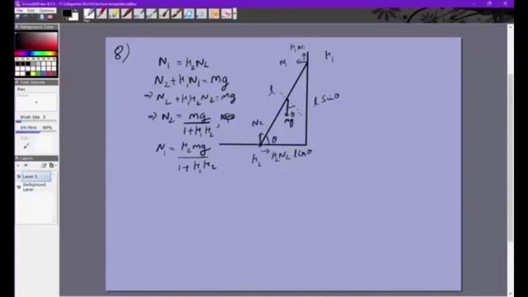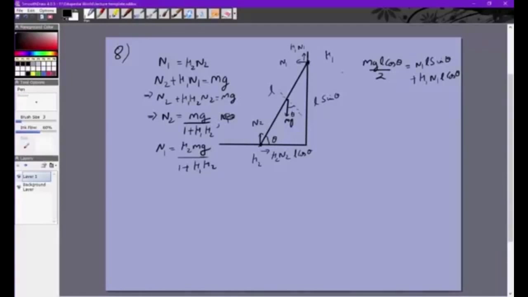The torque of Mg will be Mg L cos theta by 2 in the clockwise direction, and that will be equal to the sum of these two torques in the anti-clockwise direction: N1 L sin theta plus mu1 N1 L cos theta.